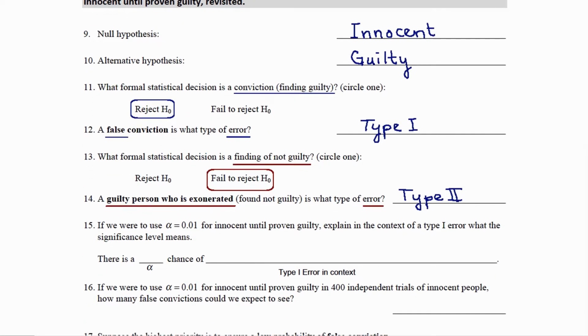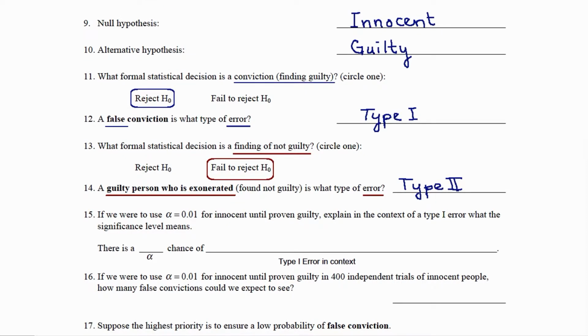Now let's think about this in terms of alpha as the probability of a type 1 error. If we were to use alpha equals 0.01 as our significance level, then the significance level means there is, following our model, a 1% chance of a type 1 error, which we just said is false conviction.